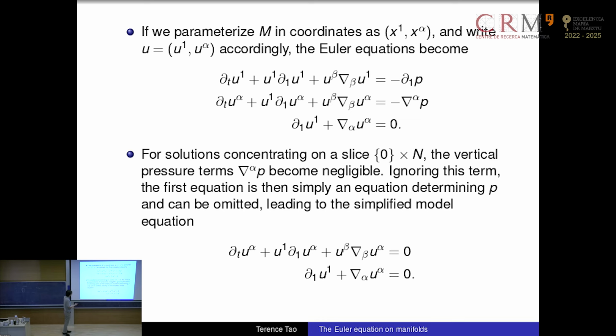Or it becomes an equation for U1. So the horizontal velocity is just the antiderivative of the negative of the divergence of the vertical velocity in the vertical direction. You can have divergence vertically. It just manifests as creating horizontal velocity, which analytically is not a great thing.